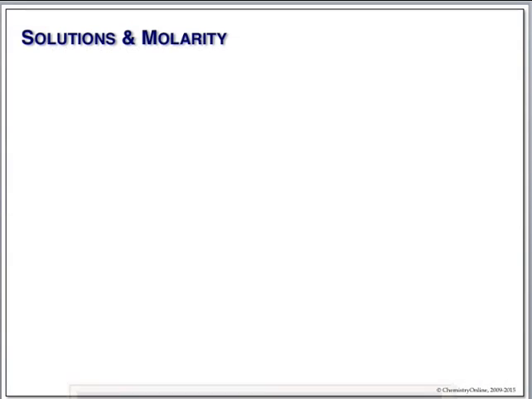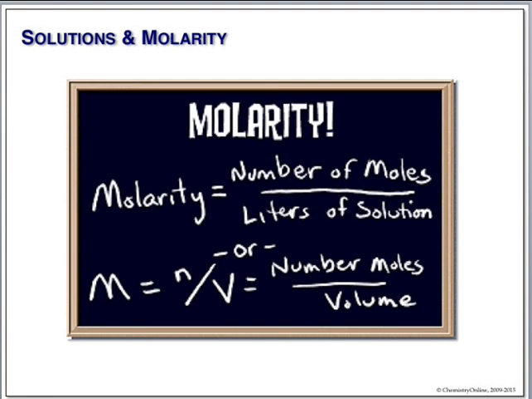All right. The last real concept that we have to address in this chapter is the concept of molarity. As you know, lots of chemical reactions can happen in solution. Okay? They just happen in solution. If we know the number of moles of something that are in the solution, then we can predict how many moles of this are going to react with so many moles of this from our balanced equation.